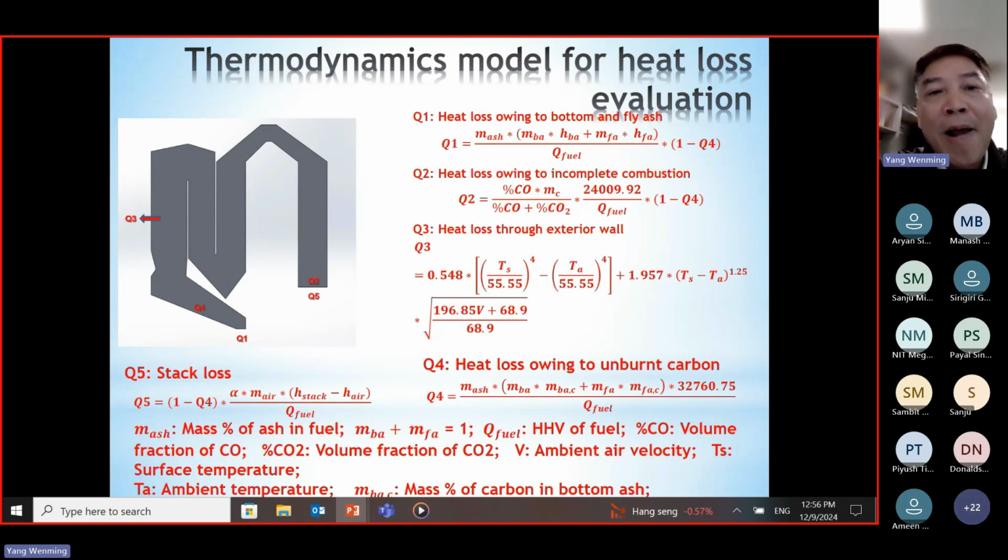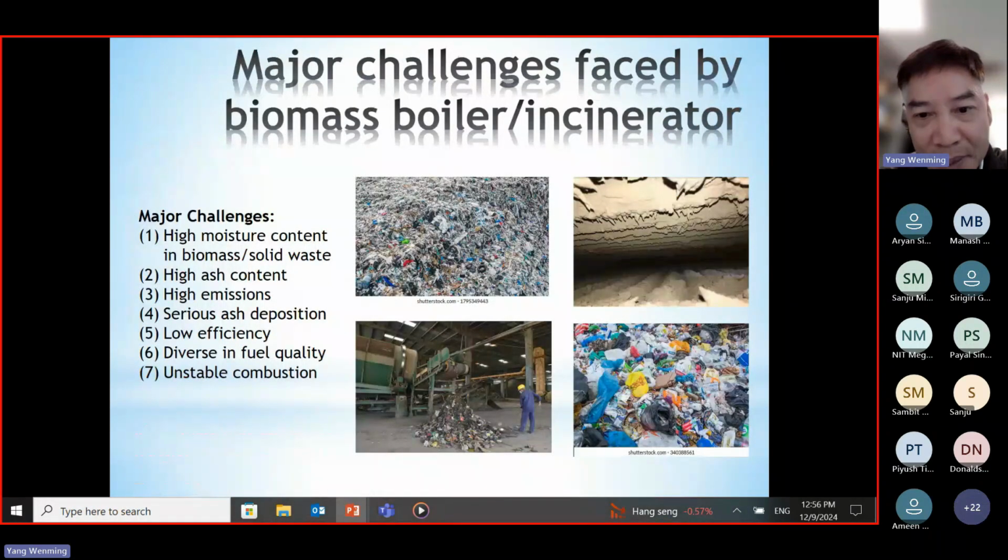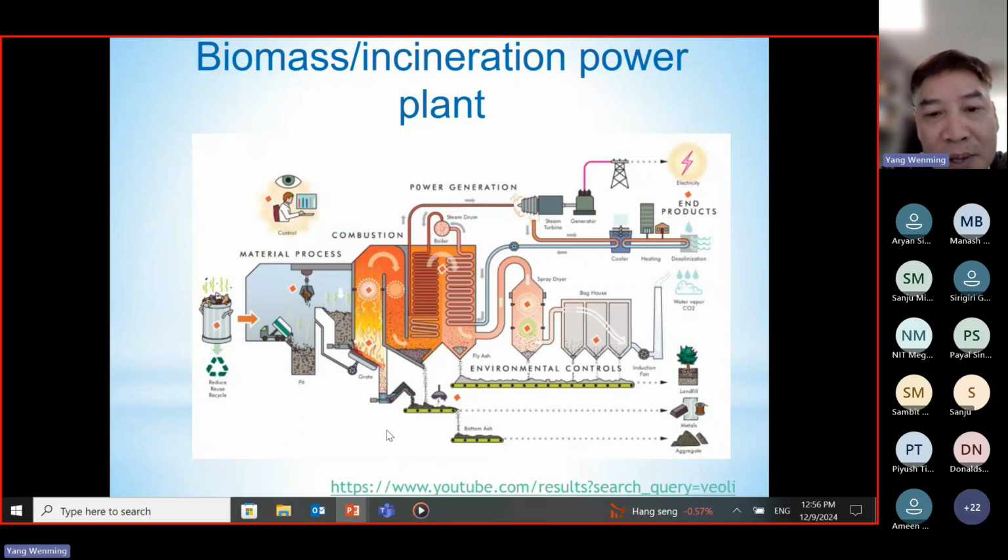So basically, there are 5 major heat losses in the power plant. The first one is the heat loss by the bottom ash or fly ash. If you go back to this schematic, you can see that after the fuel burns, part of the ash is discharged from the furnace, and some of the fly ash is also discharged from the boiler system.